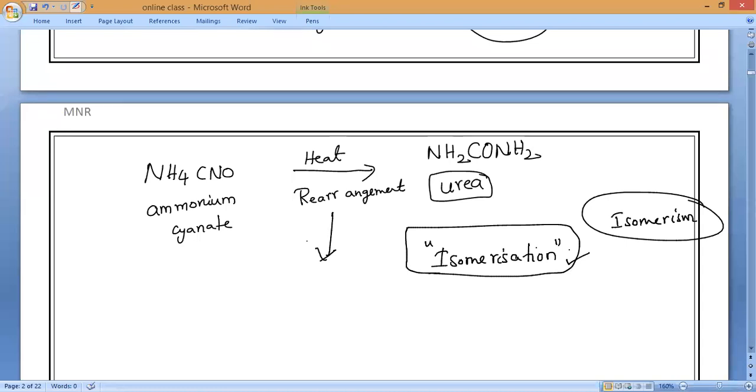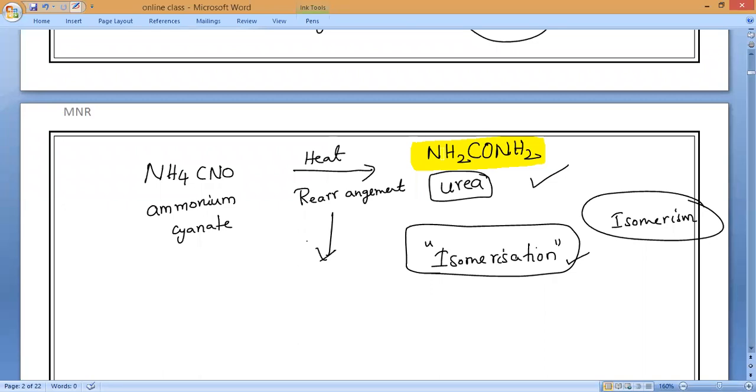So this discovery disproved the vital force theory, and it was proved that organic compounds can be prepared in the laboratory. From that moment, a large number of organic compounds have been synthesized in the laboratory after the formation of urea. So urea is the first organic compound synthesized by humans in the laboratory in the year 1828.